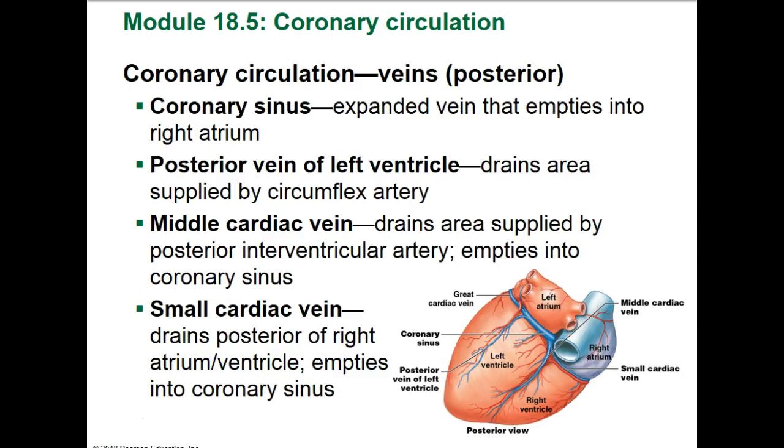Okay, the coronary sinus is an expanded vein that empties into the right atrium. Posterior vein of the left ventricle drains the area that's supplied by the circumflex artery. The middle cardiac vein drains the area supplied by the posterior interventricular artery. It empties into the coronary sinus. And small cardiac vein drains posterior of the right atrium and ventricle and empties into the coronary sinus.